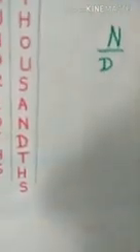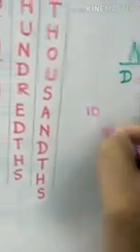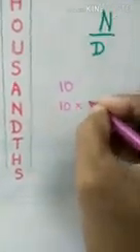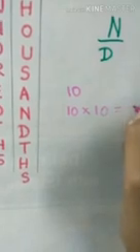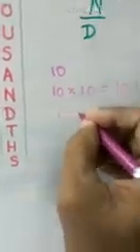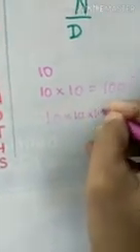Now, see here what I am writing for you. This one is 10. Now, 10 into 10, that is 100. 10 into 10 into 10 is equal to 1000.